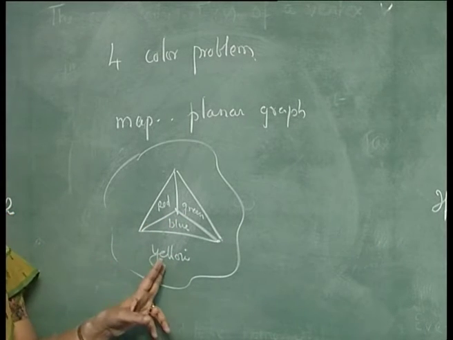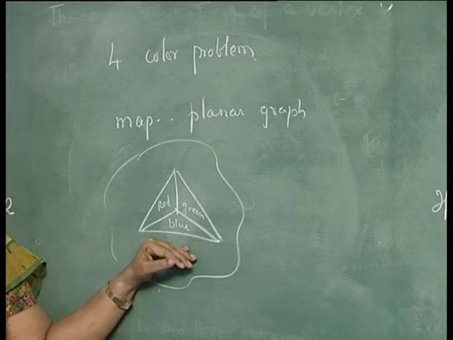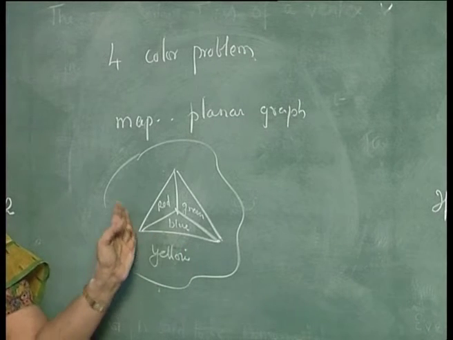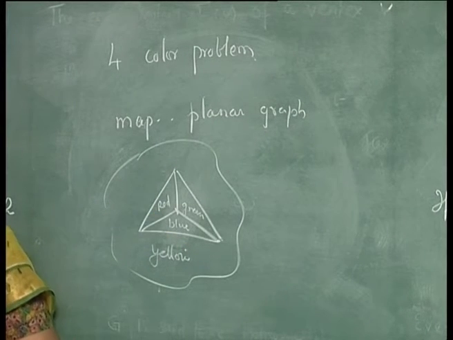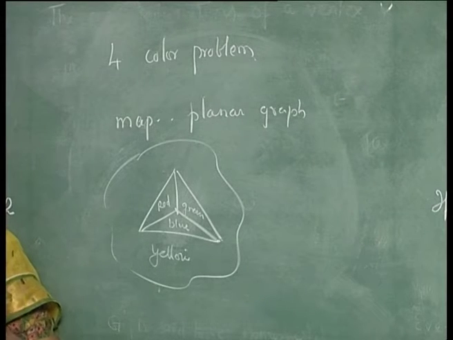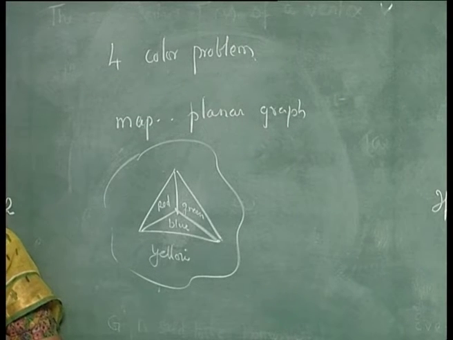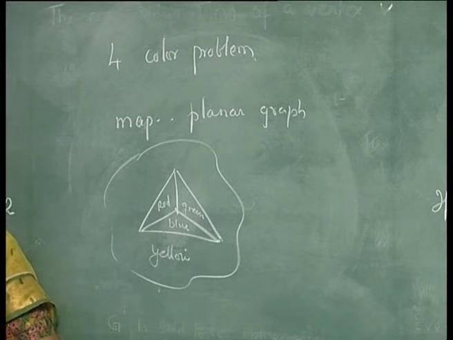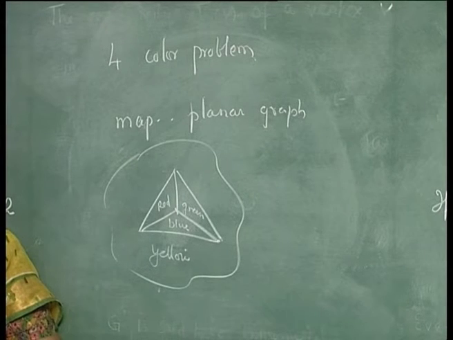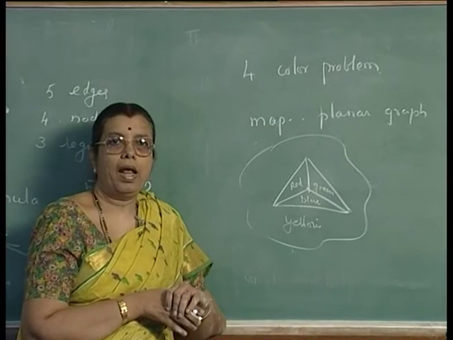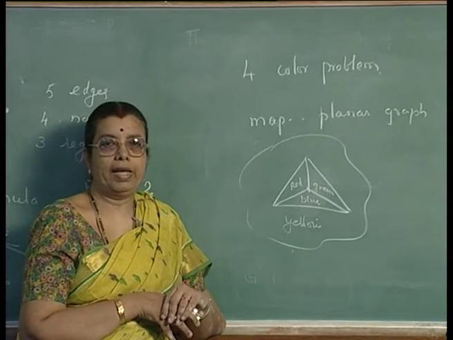Suppose I use any other color, instead of yellow if I use red, green or blue, again 2 of the adjacent regions will be colored with the same color. So, I want to color this so that no 2 adjacent regions get the same color, but I want to use the minimum number of colors.